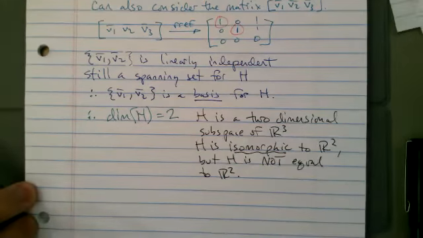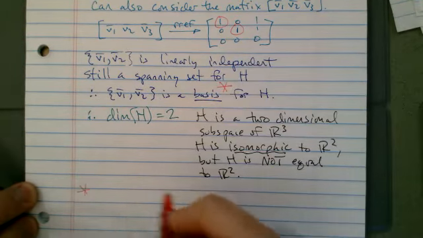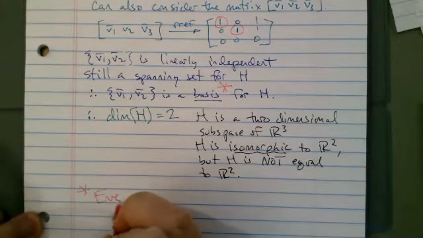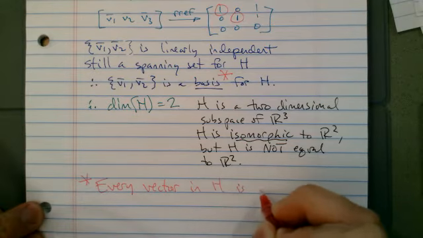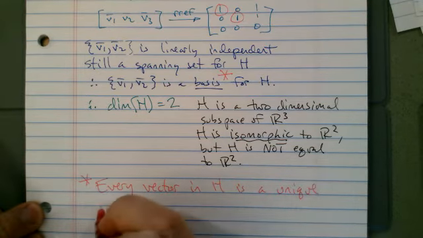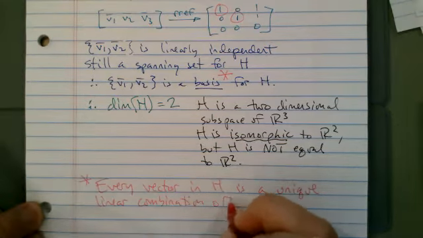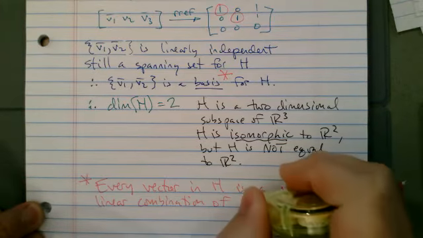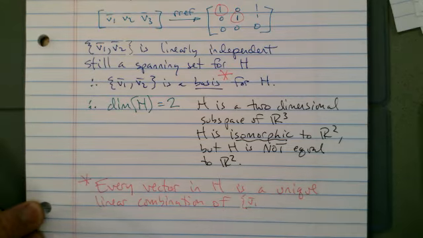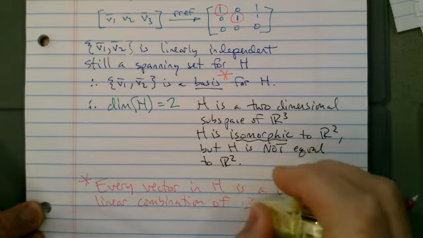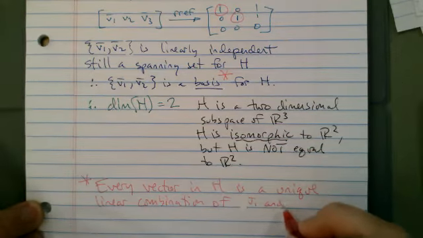So that's what we get from a basis. Every vector in H is a unique linear combination of vectors V1 and V2.